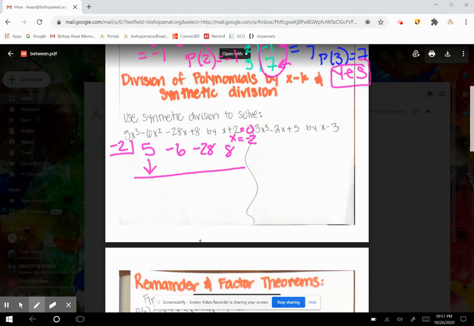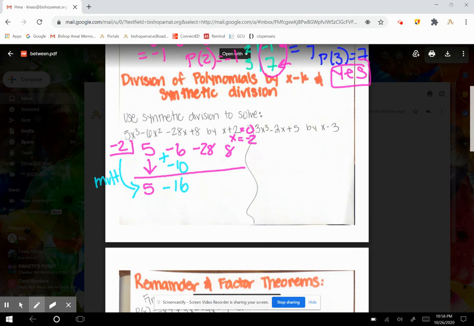We drop the first number down, and then from there, we come this way and we're multiplying to get us negative 10. And then we add down to get us negative 16. Okay, again, should be a big review for us here.